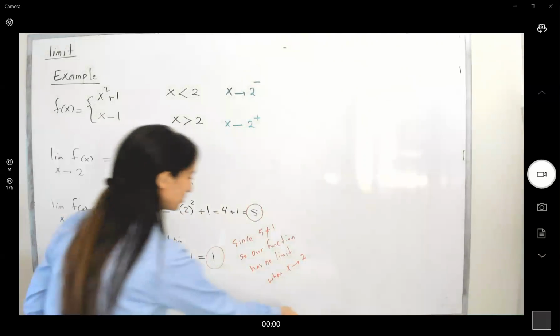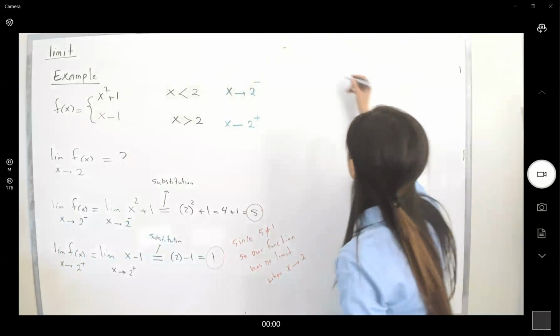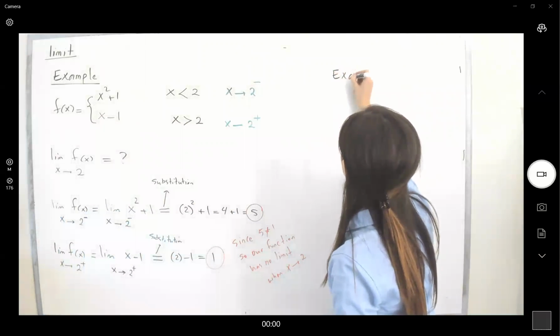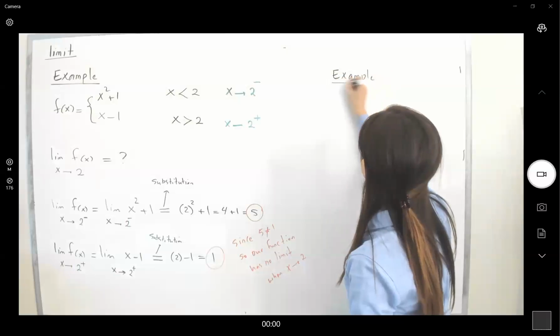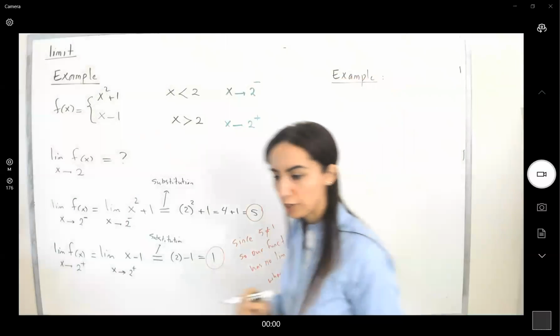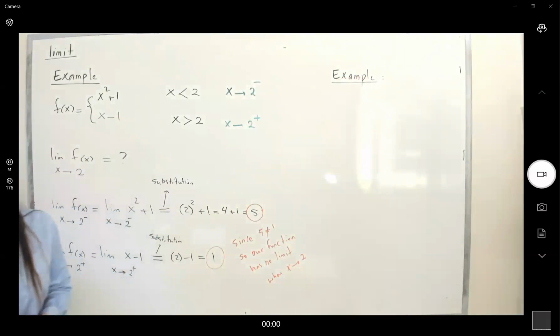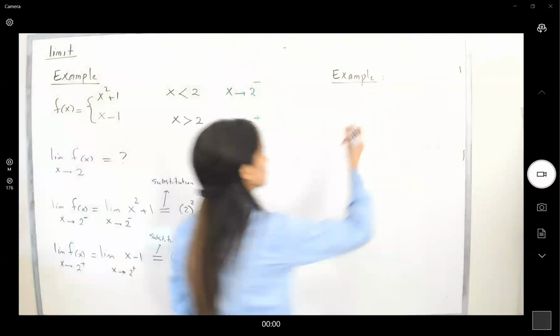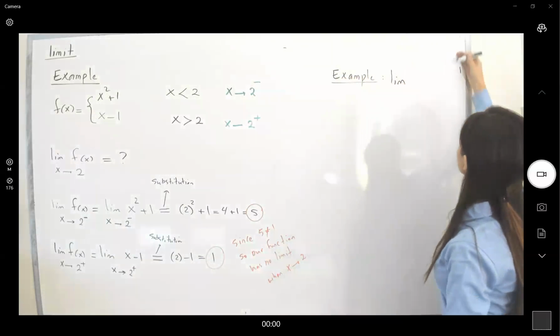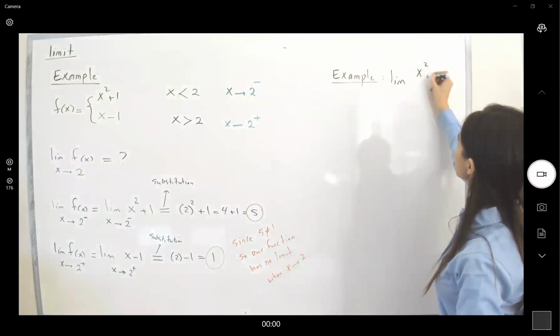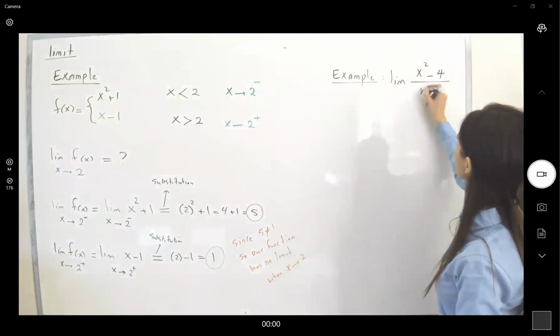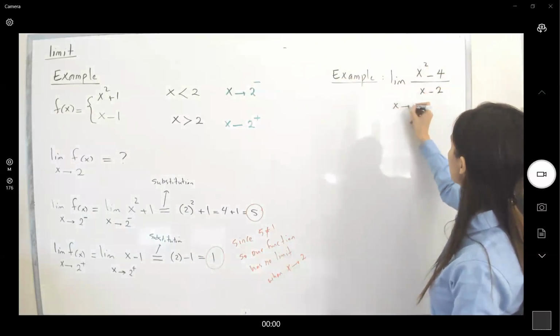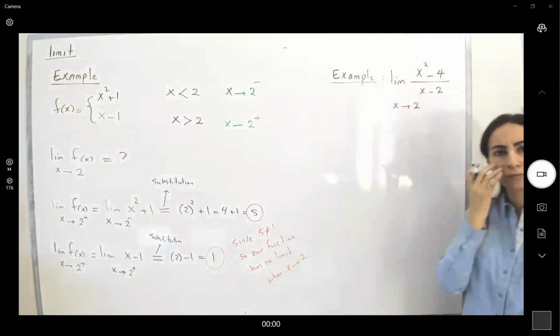Another example for you. This example says, find the limit of x squared minus 4 divided by x minus 2 as x approaches 2.